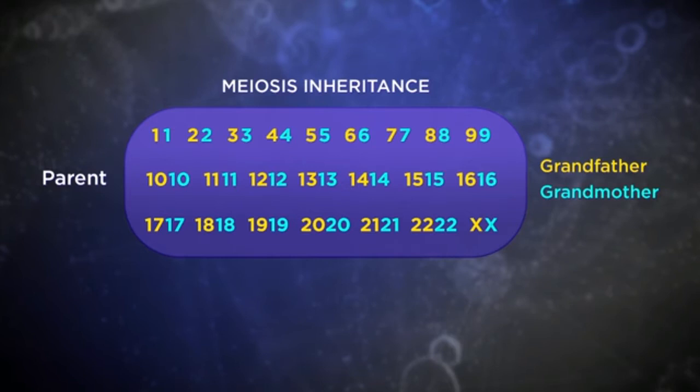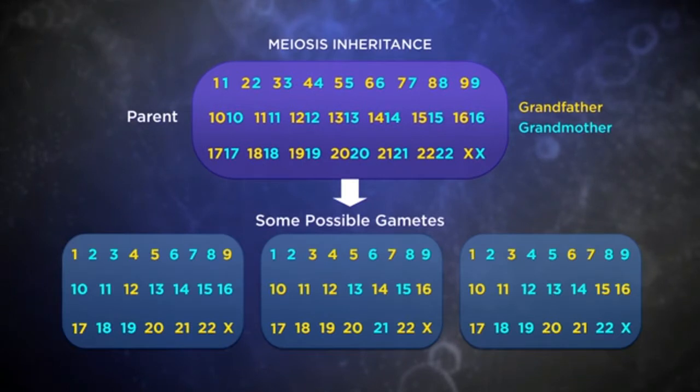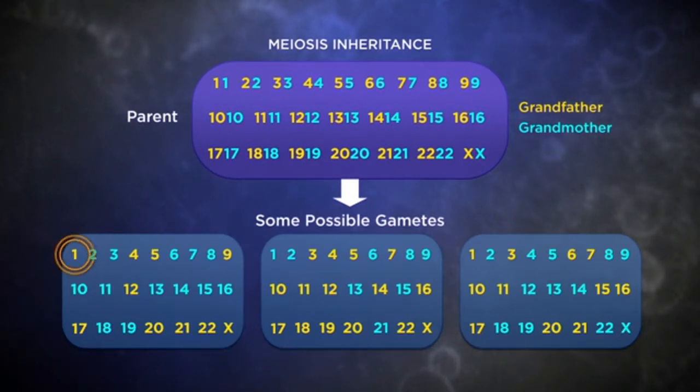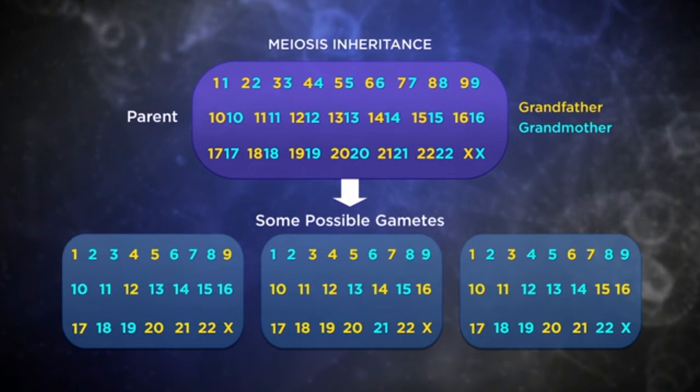When mom cells undergo meiosis to make eggs, the eggs randomly receive one of the two chromosomes from each pair. So an egg may receive grandpa's chromosome 1, but grandma's chromosome 2, and so on for all 23 of the chromosomes. Theoretically, it's possible for an egg to receive all 23 of mom's chromosomes that came from grandpa, or all 23 from grandma, or any combination in between.